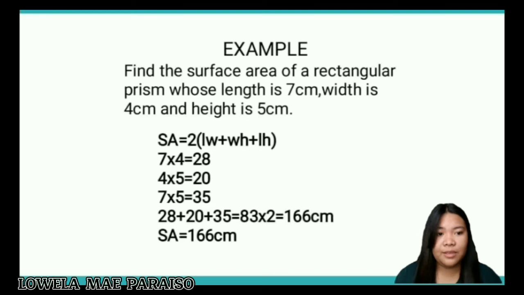For example, find the surface area of a rectangular prism whose length is 7 cm, width is 4 cm, and height is 5 cm.